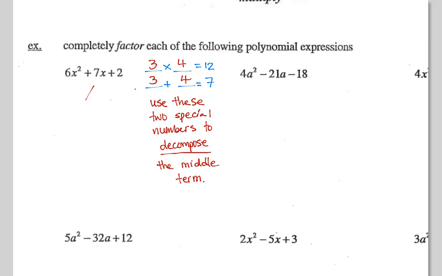So we would change 7x on purpose to 4x plus 3x, and it doesn't matter the order. You could have put the 3x first, it doesn't matter. But we just rewrite the middle term. Why do you think we do that? Because what happens when you FOIL?